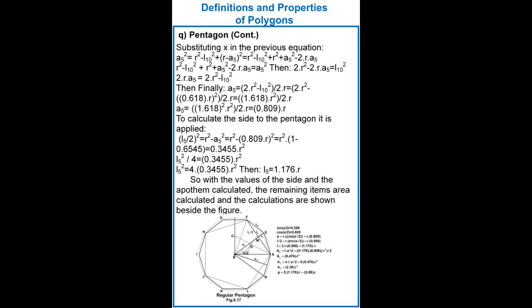Making the calculation, we have that the bottom of the pentagon has a value 0.809 multiplied by the dimension of the radius, and the side of the pentagon has a value 1.176 multiplied by the dimension of the radius. Knowing the dimension of the side of the regular pentagon and the value of the bottom, it is possible to calculate the values of the other entities such as area and perimeter.